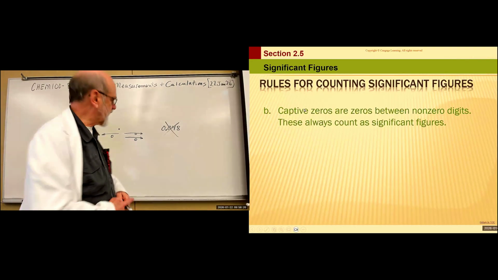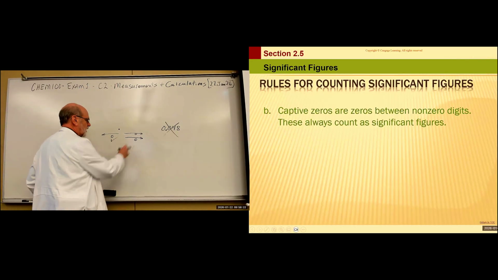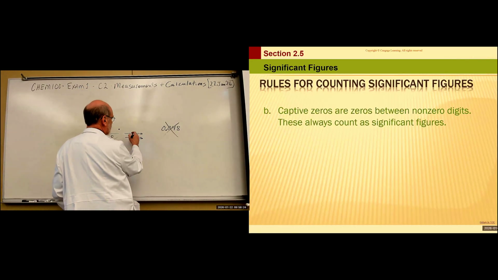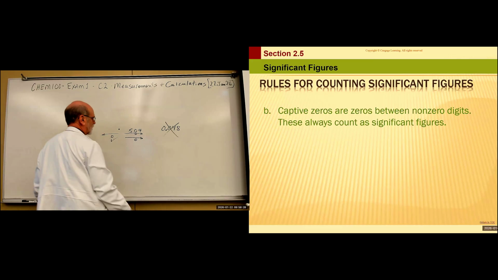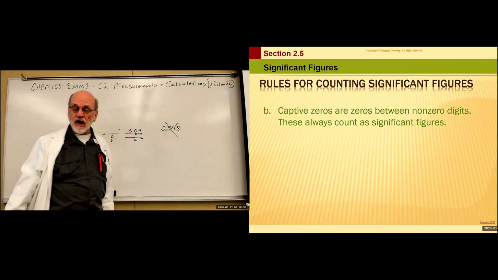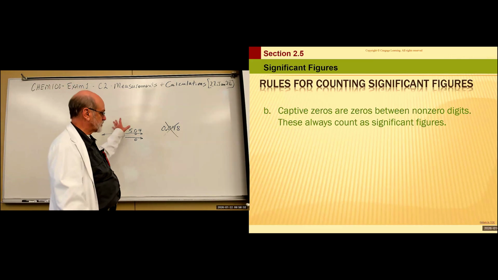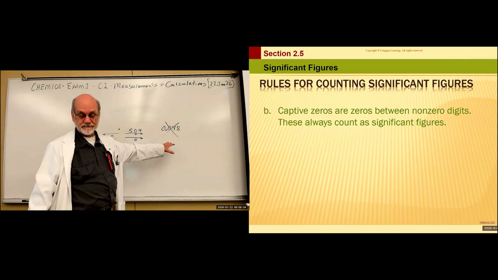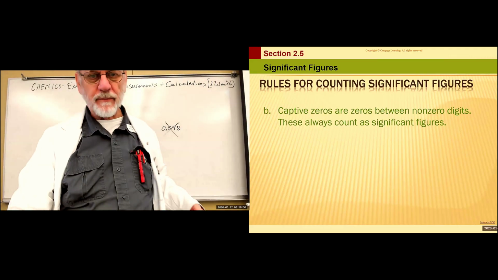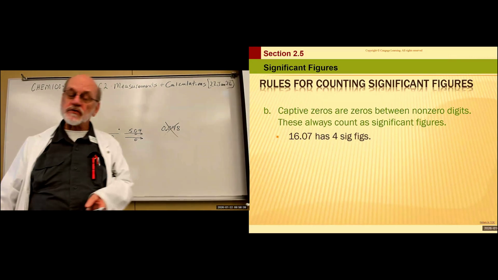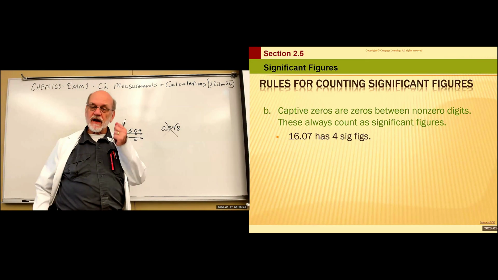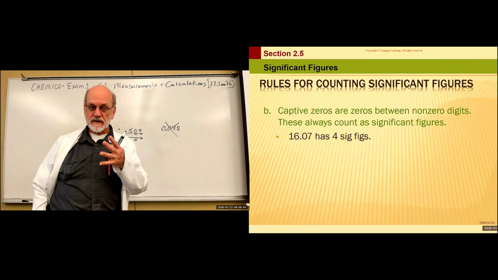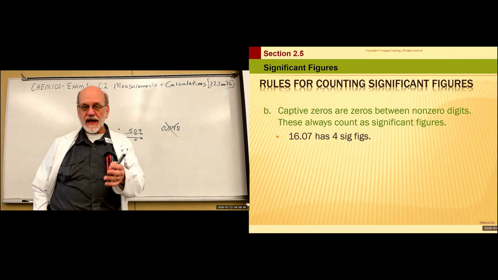Okay, now we have captive zeros. We did this one. Captive zeros are between, say, a 5 and a 4. And it can occur in a number that doesn't show a decimal or one that does show a decimal. Our example, 16.07. That number has 4 significant figures because the 0 is captive.